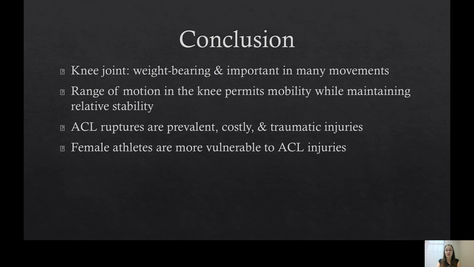Key takeaway points of this presentation were that the knee joint is weight-bearing and important in many movements. Range of motion in the knee permits mobility while maintaining relative stability unless we move into extreme motions. And ACL ruptures are prevalent, costly, and traumatic injuries, especially in sports, and female athletes are more vulnerable to ACL injuries.